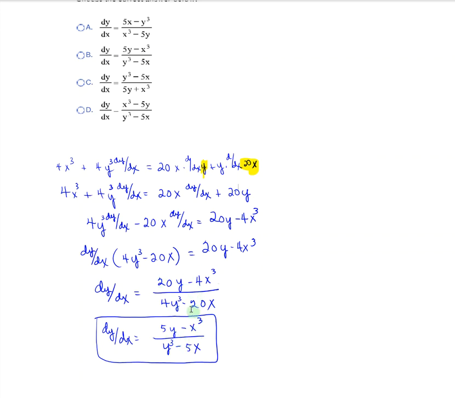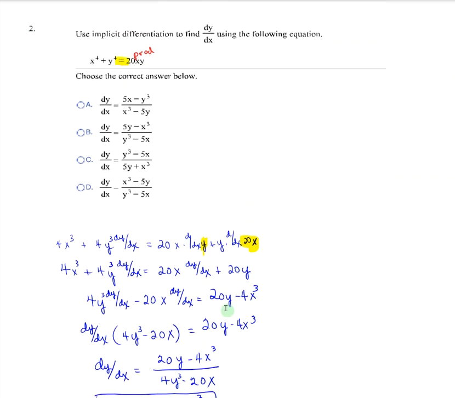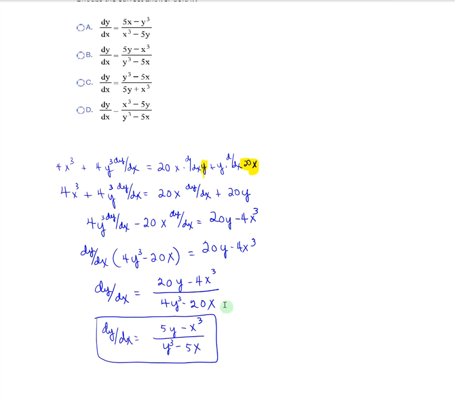Everything here would be divisible by 4. So that's 5y minus x cubed, and then y cubed minus 5x. And then we should be able to find our answer up there. Looks like that is B.